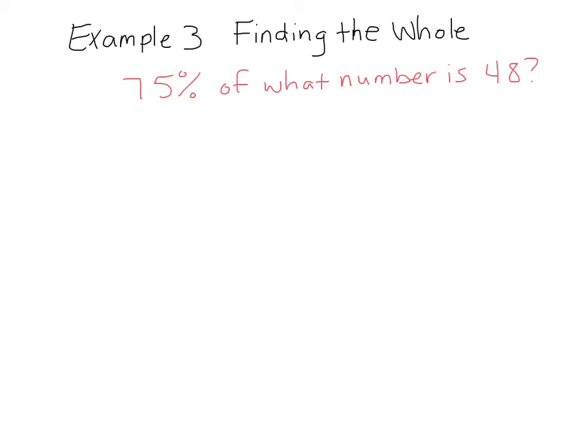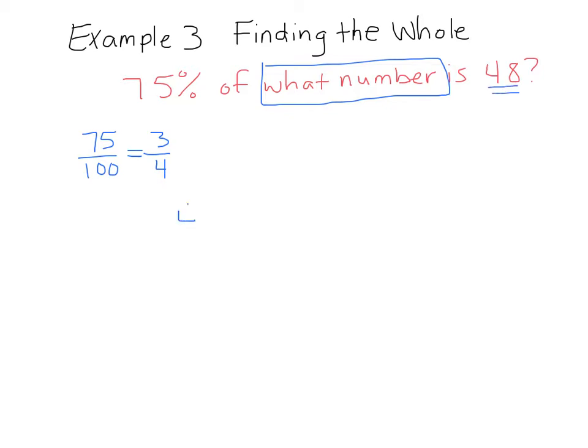So a problem that you would be using to find the whole would look like this. 75% of what number is 48? The what number, obviously, is what we're trying to find. So following our steps, we would write the percent as a fraction. We would reduce it. And then we would divide the part by the fraction. So remember, the part over here is 48 divided by the fraction. And again, you have to have that reduced if you want it to be easier.